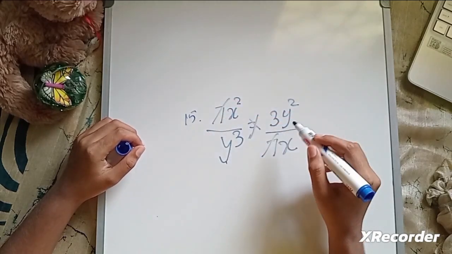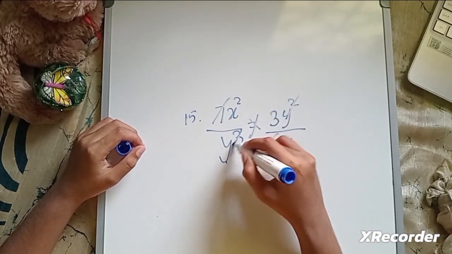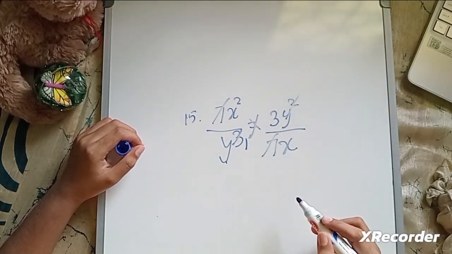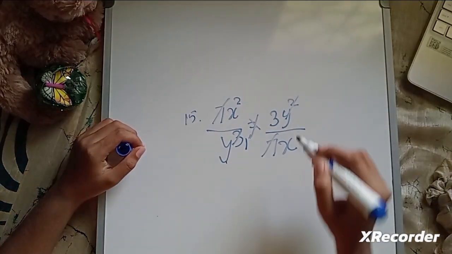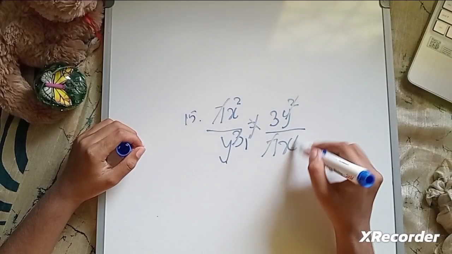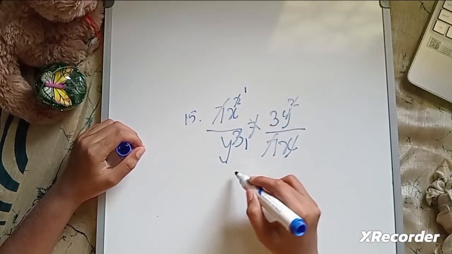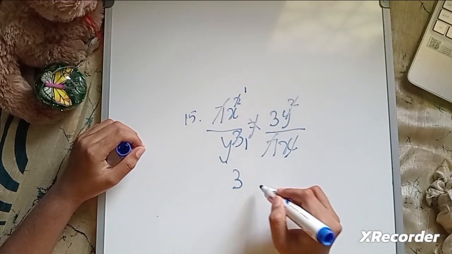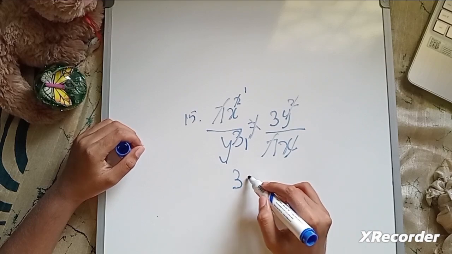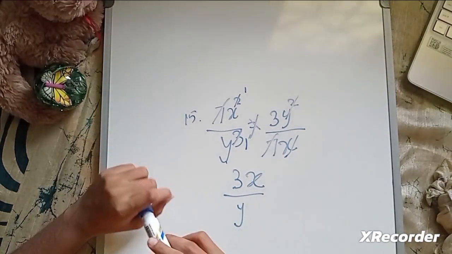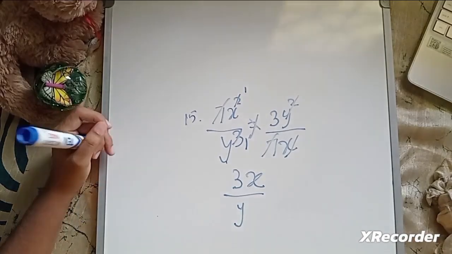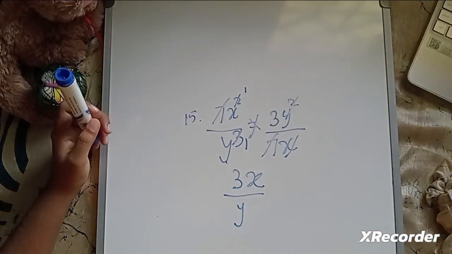You can cut 7, y, only y is remaining. Then cut this one, the remaining part we can write as this: x over 3y.